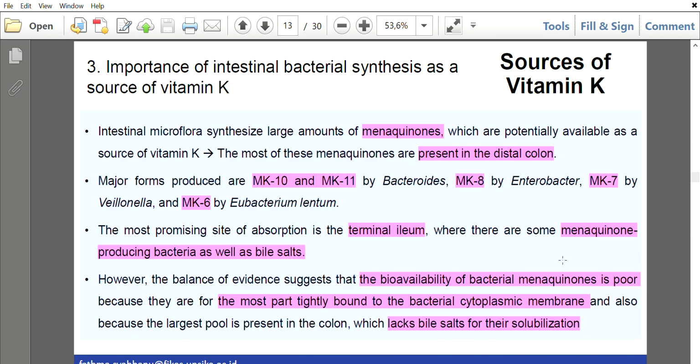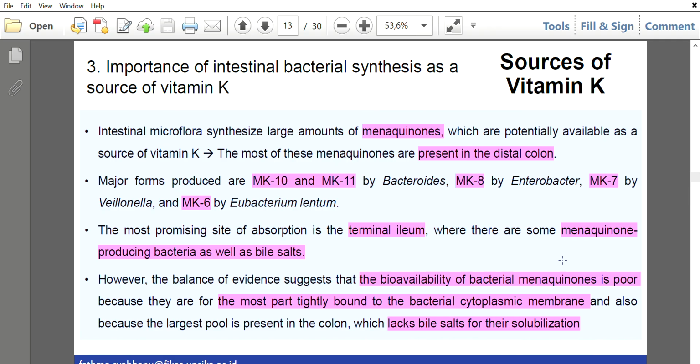It is commonly held that animals and humans obtain a significant fraction of their vitamin K requirement from direct absorption of menaquinones produced by microflora synthesis, but conclusive experimental evidence documenting the site and extent of absorption is singularly lacking. The most promising site of absorption is the terminal ileum, where there are some menaquinone-producing bacteria as well as bile salts.